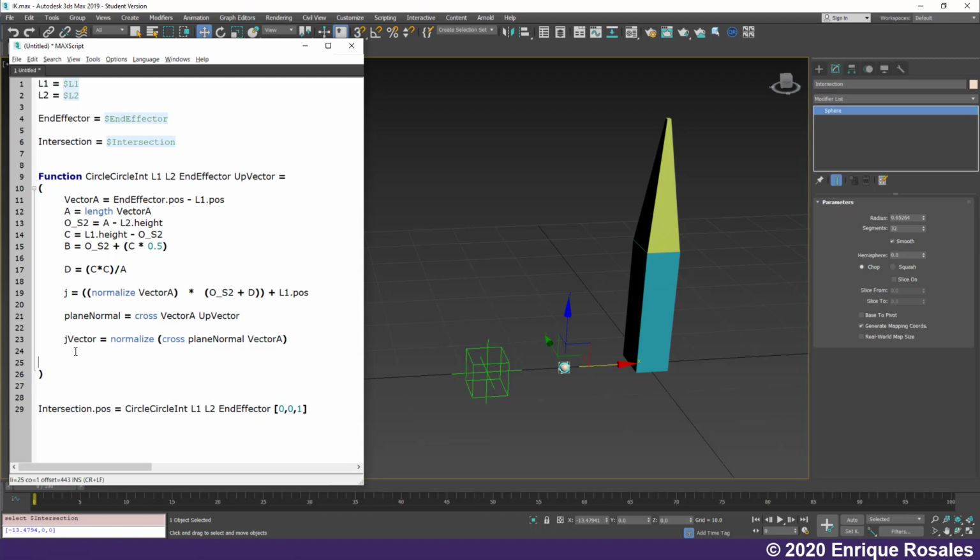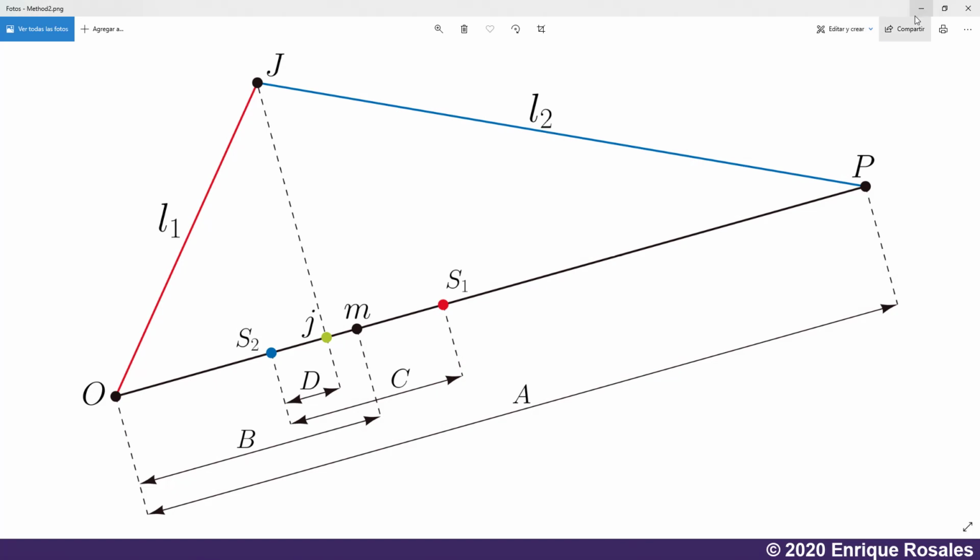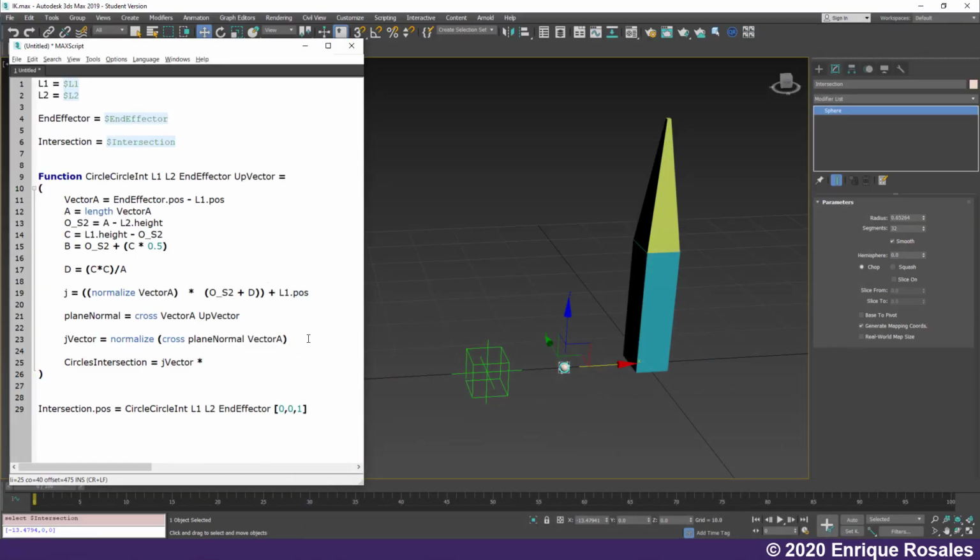Now I can say that the actual circles intersection will be equal to J vector times... oh, I haven't computed that distance, right? I haven't computed this distance right here. So we need to compute that distance.